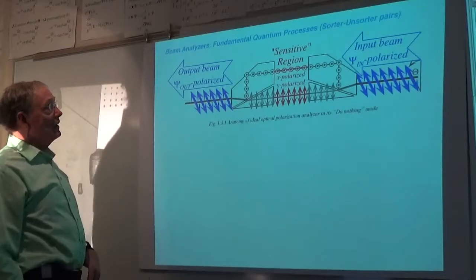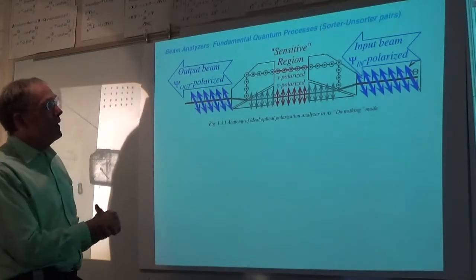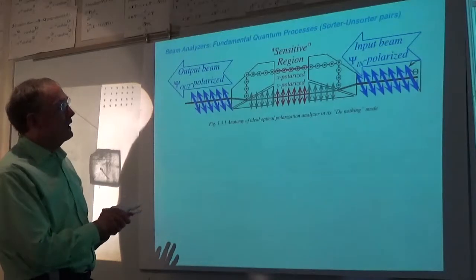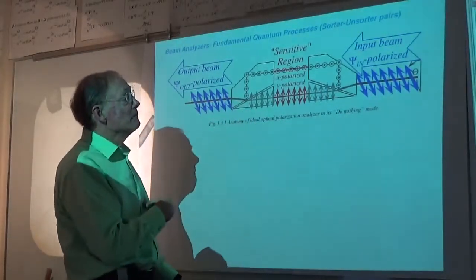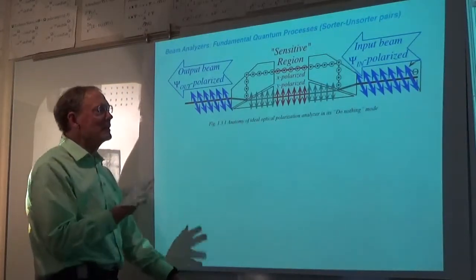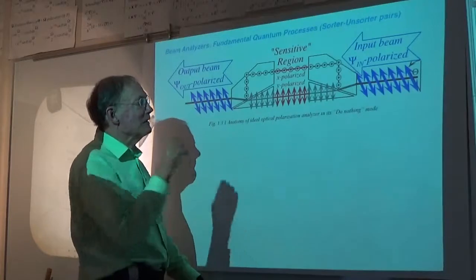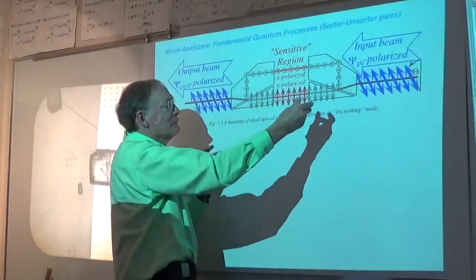A beam analyzer, the way Feynman would look at it if he did polarization, would actually be a Mach-Zehnder interferometer, but I'm not going to get involved with that right now because this is one that you can actually build very easily.